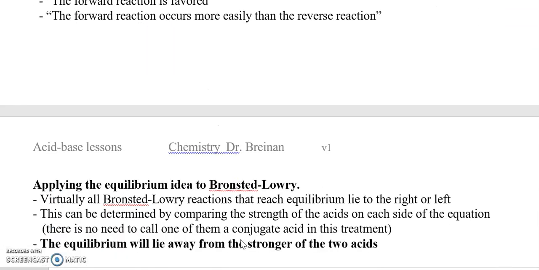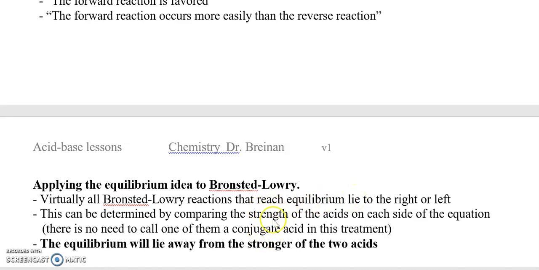Now it's time to apply this to the Bronsted Lowry theory. And first of all, this first statement here says that we're only going to be considering Bronsted Lowry reactions that reach equilibrium, and therefore they will lie to the right or lie to the left.